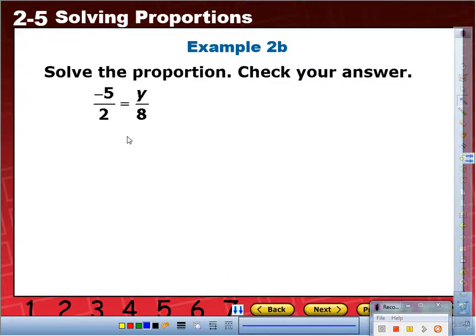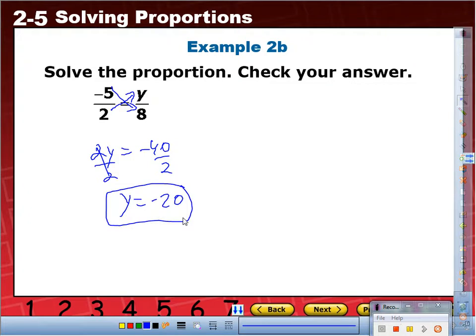What do I do? Okay, where do I start? Okay, so 2 times y, that's 2y equals negative 40. So therefore, divide by 2, y equals negative 20. Hands if you got that. Okay. All right, let's move on.